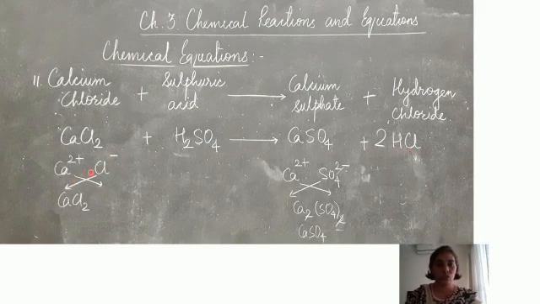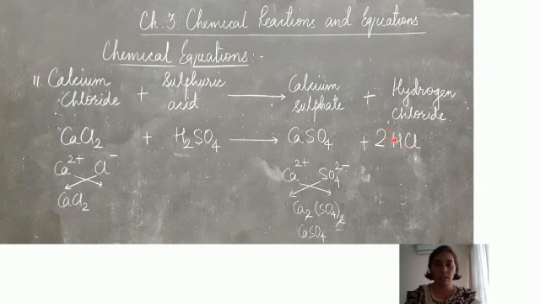It doesn't have much to explain in balancing because calcium is 1 here, here also 1. Chlorine is 2. How can we make chlorine 2 on this side? We have to write a coefficient 2 here, so chlorine becomes 2. And in writing this, hydrogen also gets balanced, because hydrogen here was 2, but here originally only 1 hydrogen.